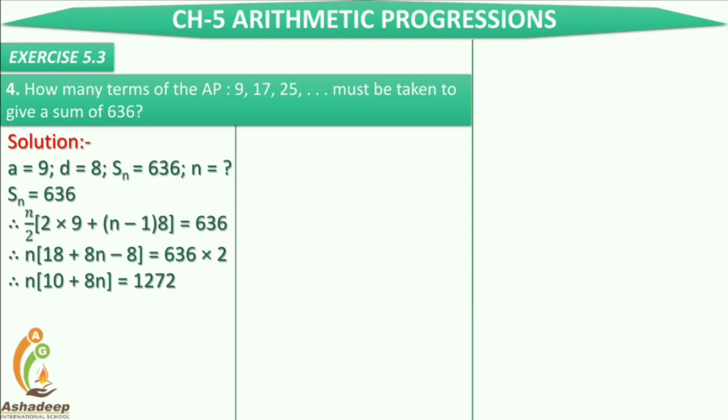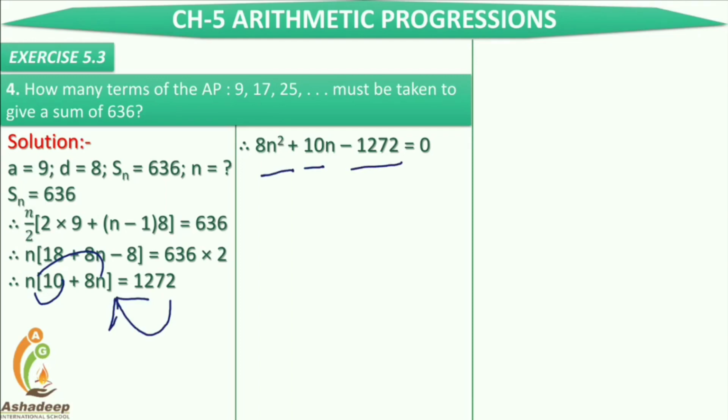Now 8n square plus 10n. Now this 1272 comes onto the other side, it becomes minus. So 8n square plus 10n minus 1272 is equal to 0.